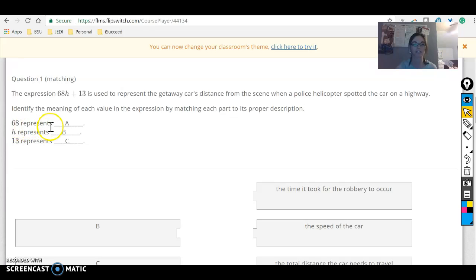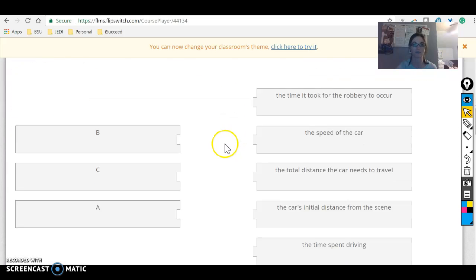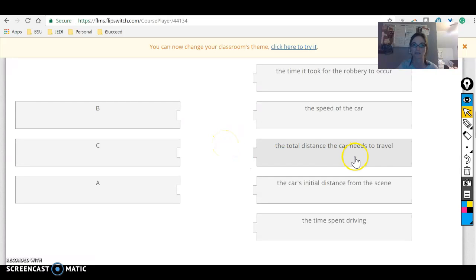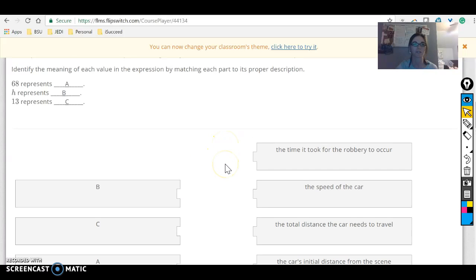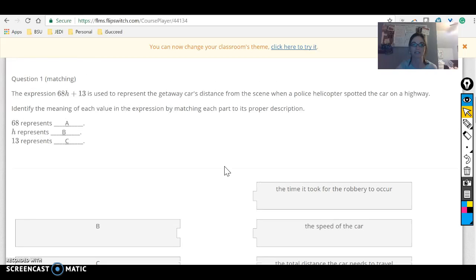Okay, so they're saying that 68 is A, H is B, and 13 is C, so that when we go down to these puzzle pieces here, we can make them match up. So 68 represents A. Let's start with C because that's the easy one. If we are graphing something like this, it would be a linear equation, okay?